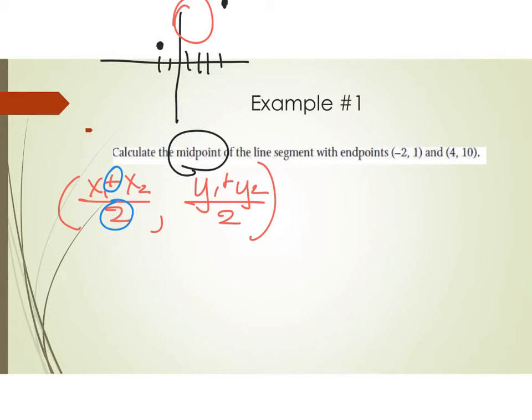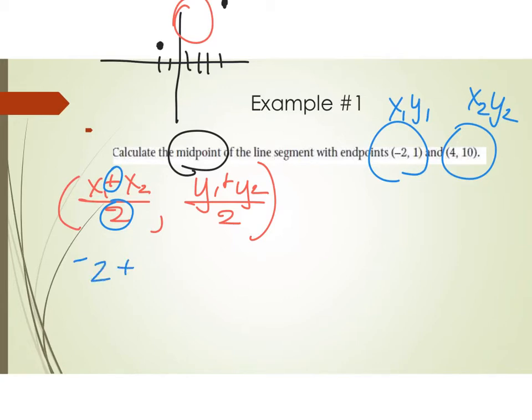Our points were -2, 1, and +4, +10. Call one of them x1, y1, one of them x2, y2. Obviously you can switch up this order, you just have to stick to the same order for your addition and subtraction. So here we go. x1 and x2 is -2 plus 4. We're going to divide that by 2.